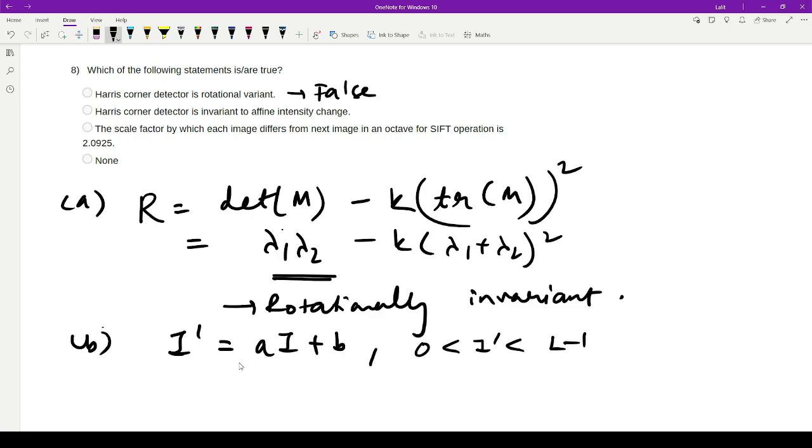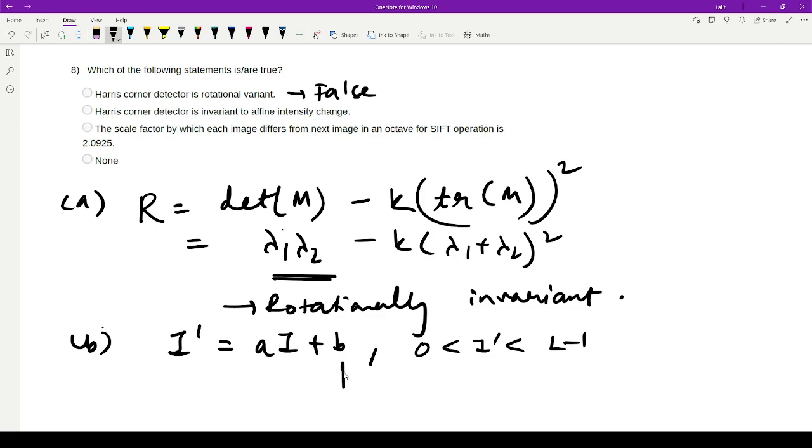Do you think the Harris corner detector is invariant to affine intensity change? It's partially invariant. The plus b will get cancelled away because of the derivative, but the scale parameter a will remain.